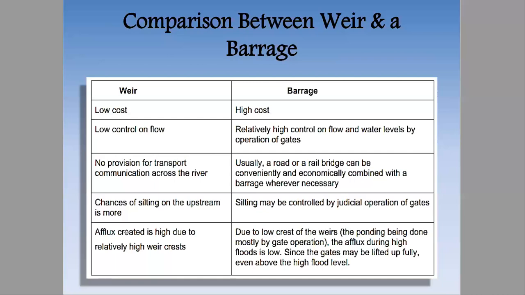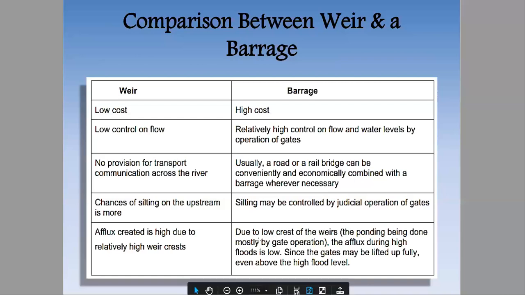Afflux created is high due to the relatively high weir crest. Okay, afflux in a weir is high, whereas in a barrage there is a low crest, so afflux is low. In the case of a weir, afflux is high, and here it is a mistake; that is, here it should be barrage.